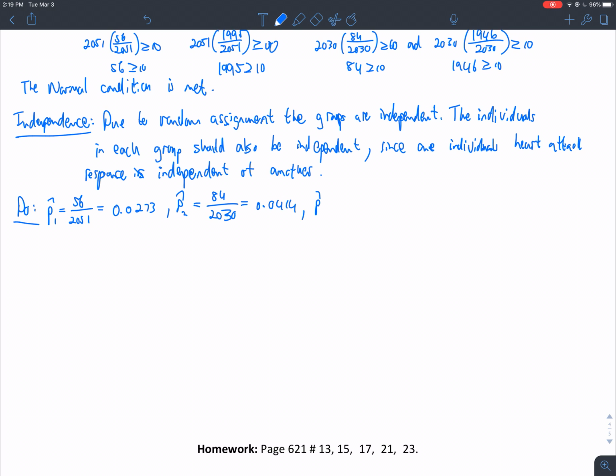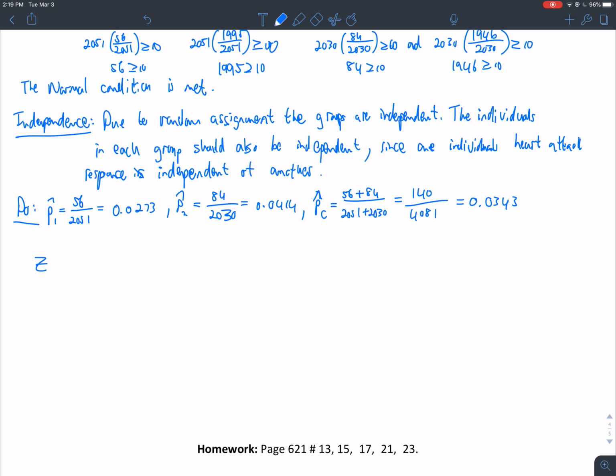And then my combined proportion, my pooled randomization proportion, I guess is what we should call it here, is 56 plus 84 over 2051 plus 2030, and that is 140 over 4081. And that would be 0.0343.